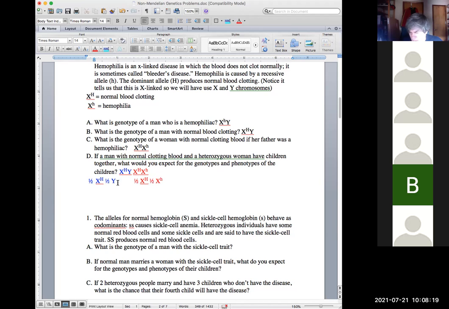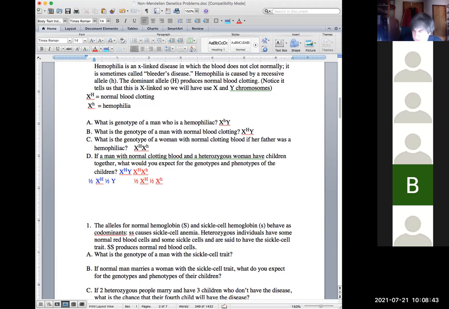Now notice you might be tempted to say, wouldn't her body make more of the eggs that have the big H? No. It's a random process. So even though one of these chromosomes has the gene for a serious disease on it, they're both made in equal amounts.